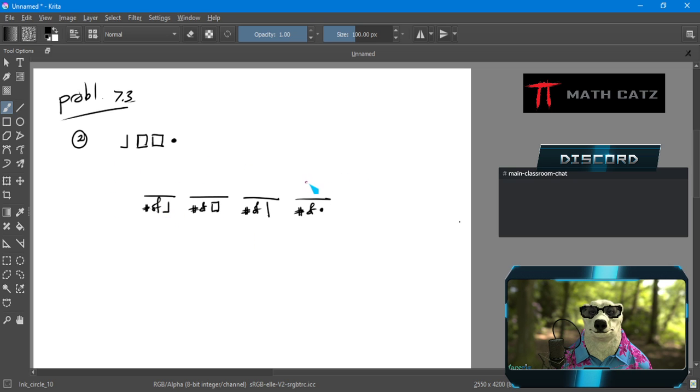So we have 1 rock. No fingers, so a little 0 there.